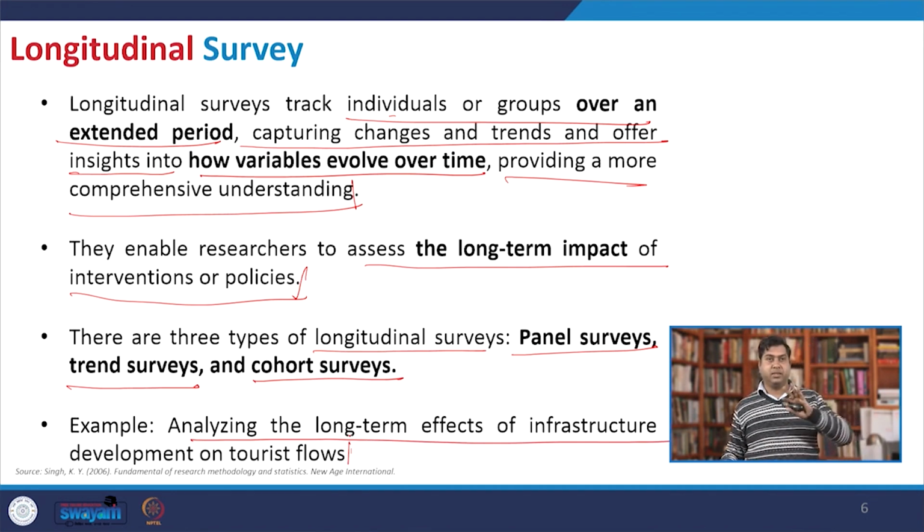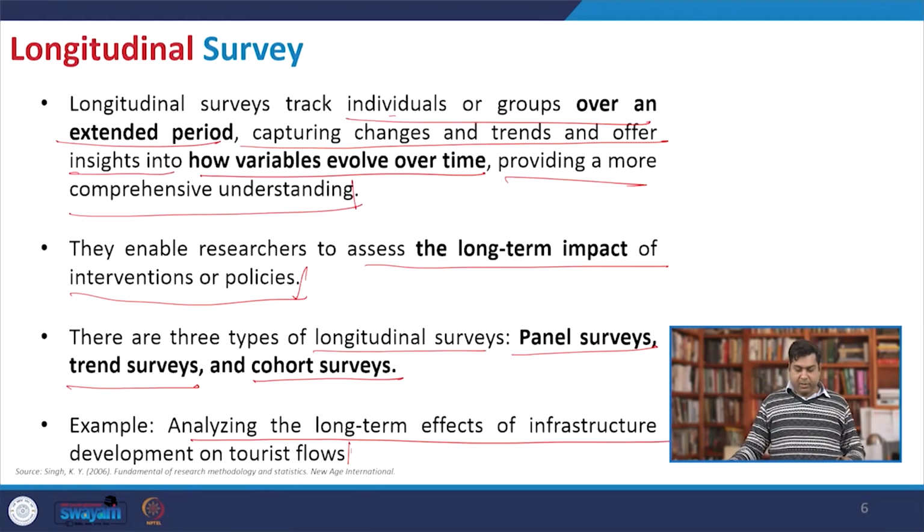Say I want to understand people's satisfaction, but at a particular time there was some lack of infrastructure, then the city authority improved some infrastructure, and after that, is there any change in the perception, is there any improvement in satisfaction. If you do this survey over a time frame, you can get this, right.